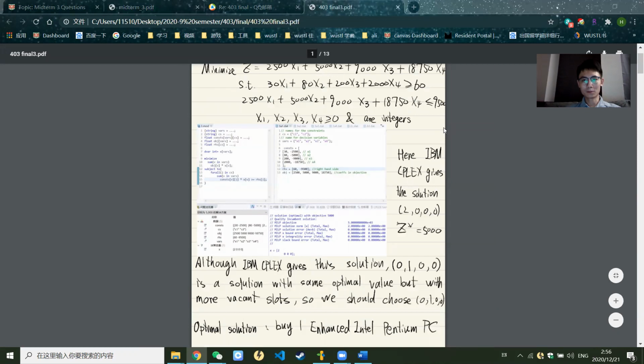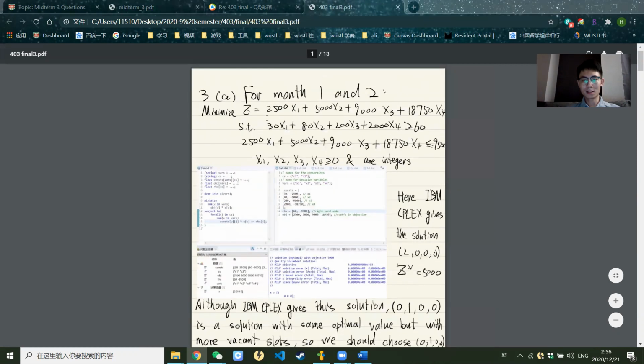Okay. So in problem 1 that I formulated, the objective is to minimize the cost, and the constraint is to satisfy the needs of the second month.